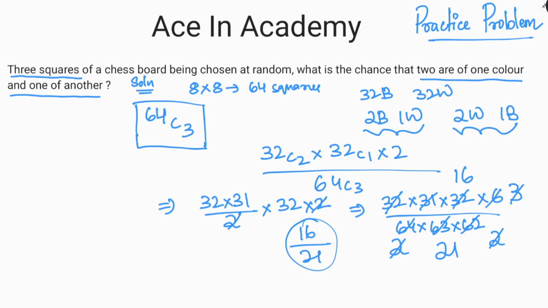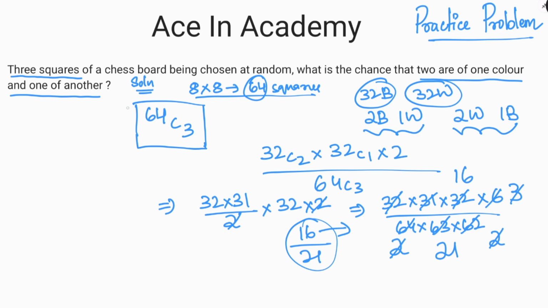So out of every 21 chances, we'll have 16 cases in which 2 are of one color and 1 of another. So that's how we got our solution. What we did was we first calculated how many squares there are, that is 64, out of which 32 are black and 32 are white. Then we have to select in how many ways we'll get 2 black and 1 white, or 2 white and 1 black.